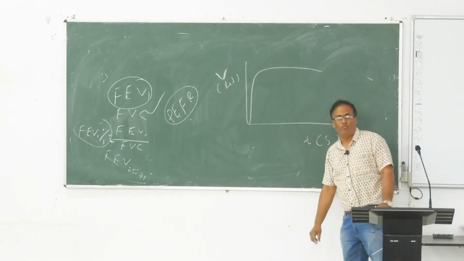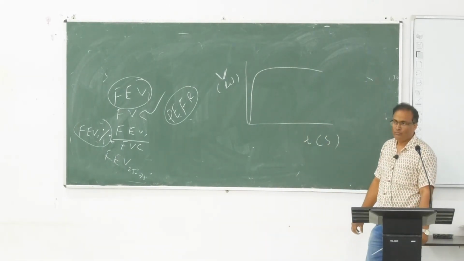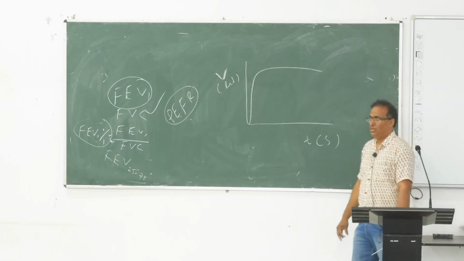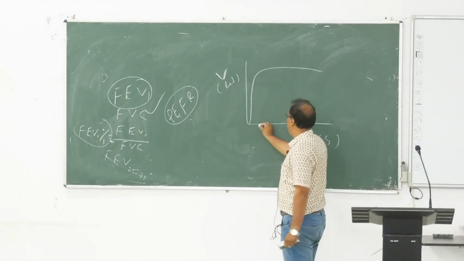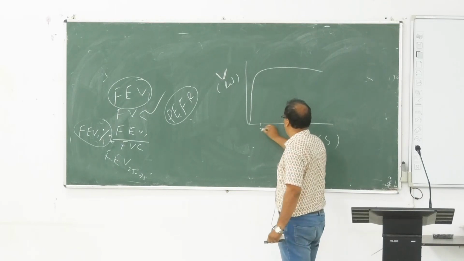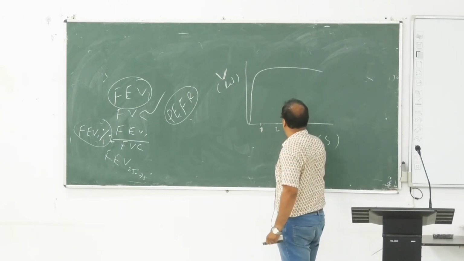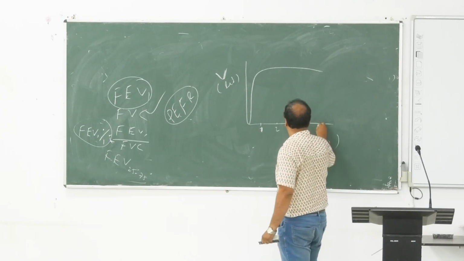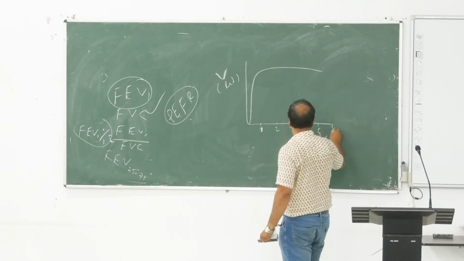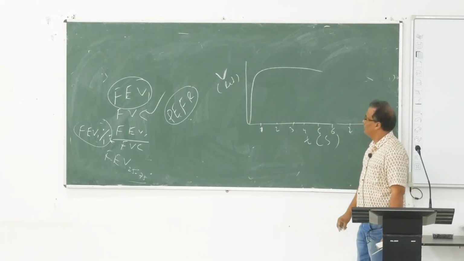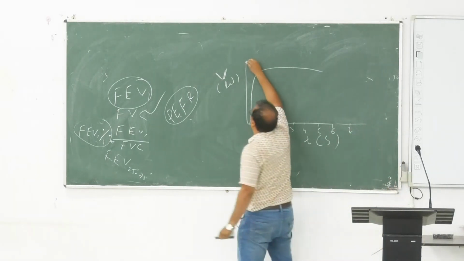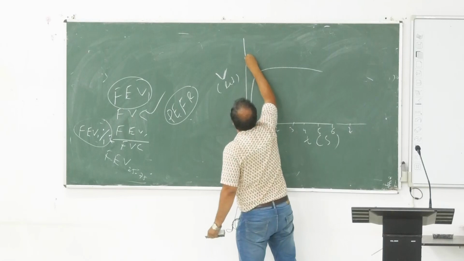This is called flow time power. Let us see: first second, next second, 2 second, 3 second, 4, 5, 6, 7, 8 seconds.